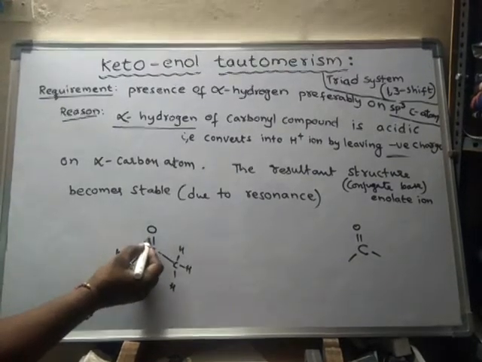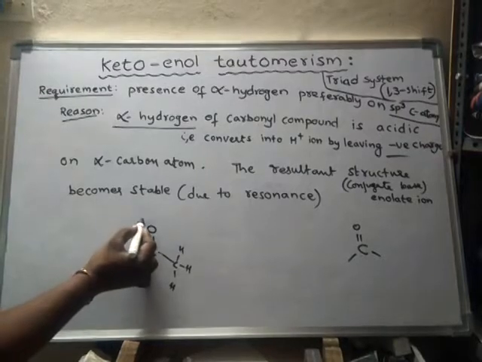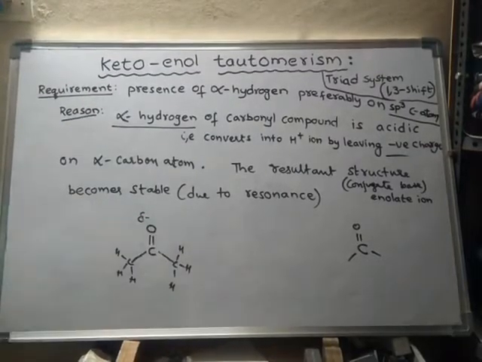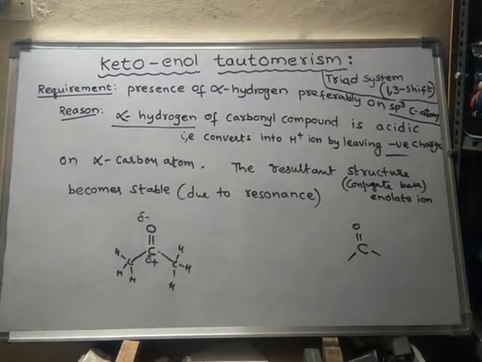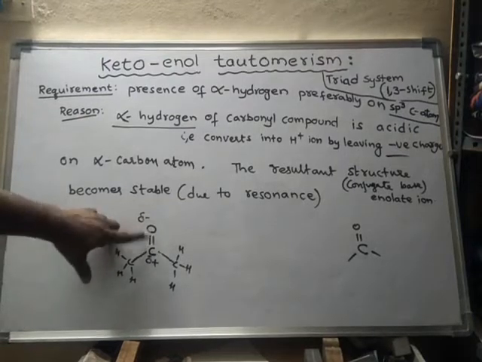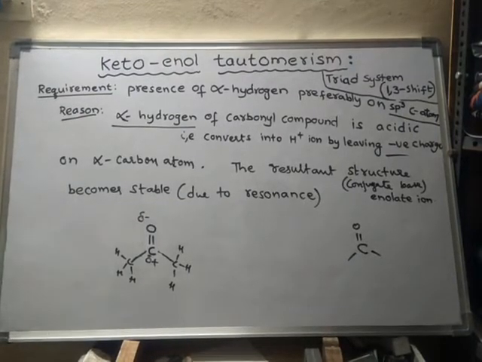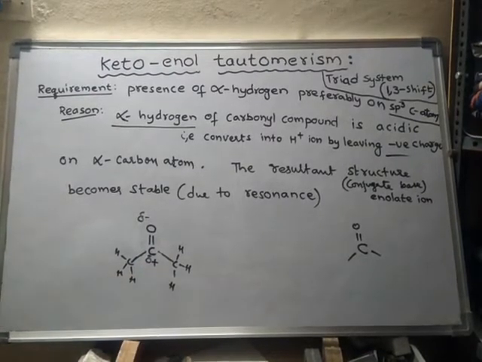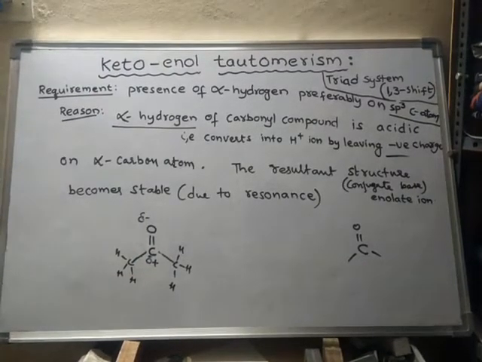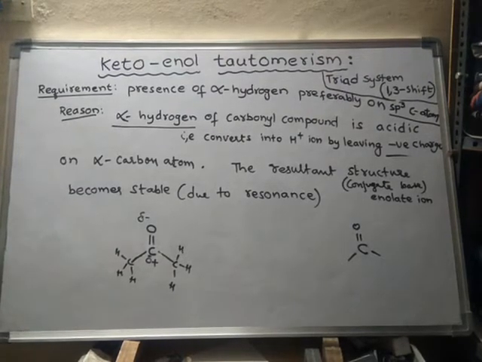As a result, this bond can be represented like this: partial negative charge on oxygen and partial positive charge on carbon are developed. This is a polar bond. So in carbonyl compounds, the carbon atom will have a partial positive charge on it.